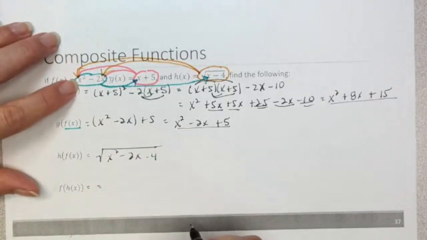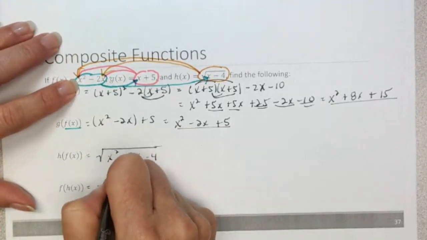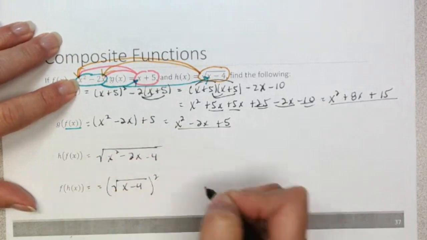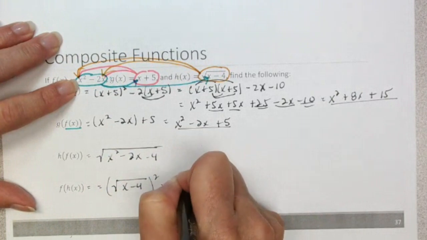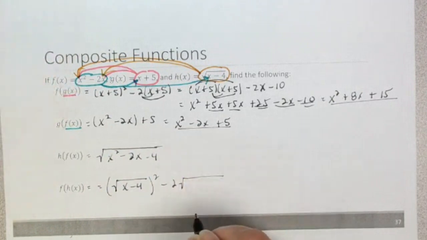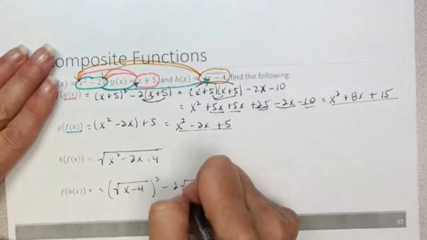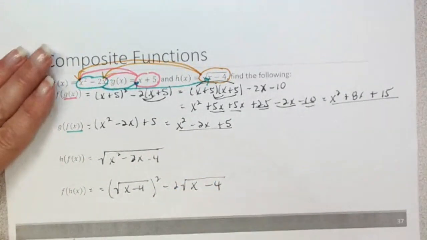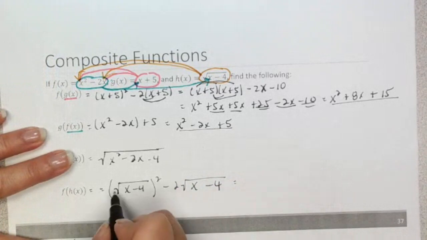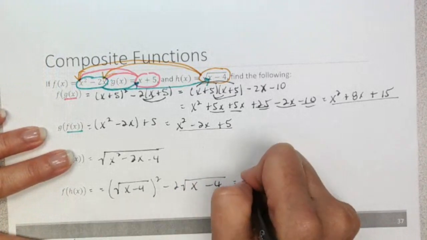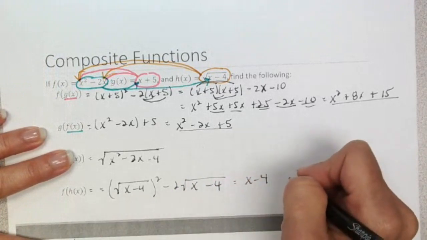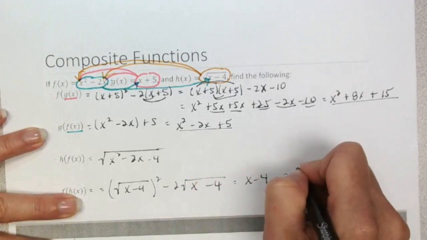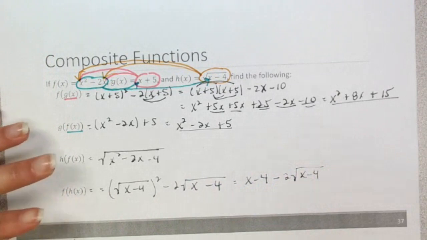So f of h of x is going to be not x squared, but the square root of x minus 4 squared minus 2 times the square root of x minus 4. And we should simplify that a little bit, shouldn't we? The square root of x minus 4 squared is just x minus 4. And that rest needs to stay, minus 2 square roots of x minus 4.